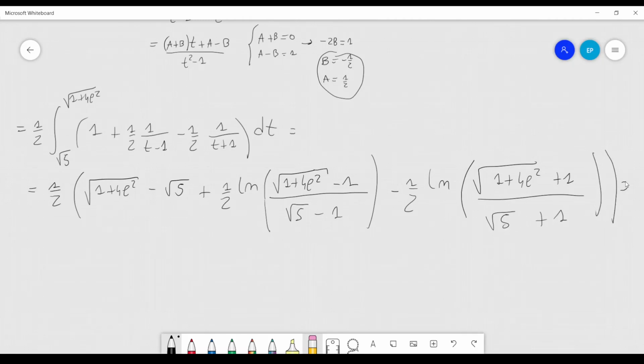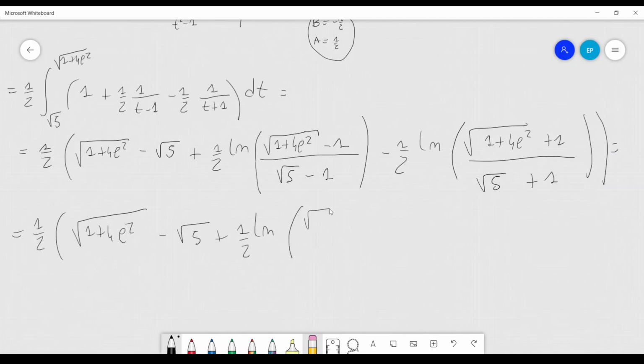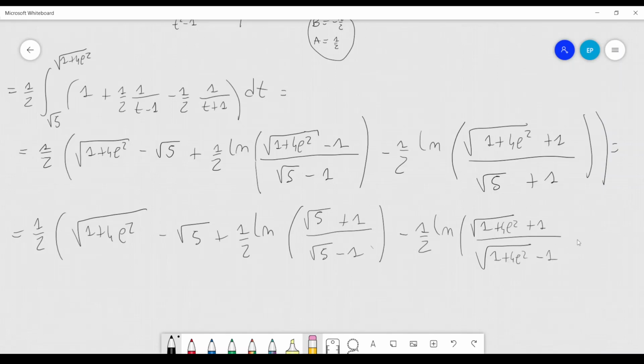And we can also put them together a little bit more, so it's 1/2 square root of 1 plus 4e squared minus the square root of 5, plus 1/2 natural logarithm of square root of 5 plus 1 divided by the square root of 5 minus 1. And then we have minus 1/2 square root of 1 plus 4e squared, logarithm of square root of 1 plus 4e squared plus 1 divided by the square root of 1 plus 4e squared minus 1.